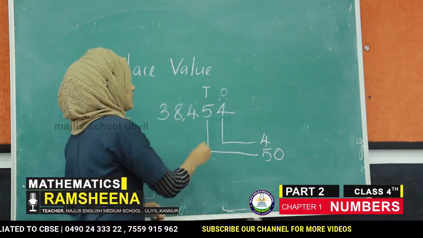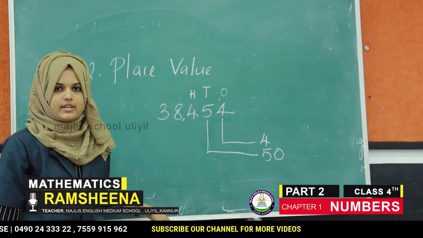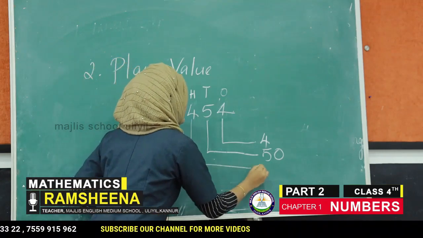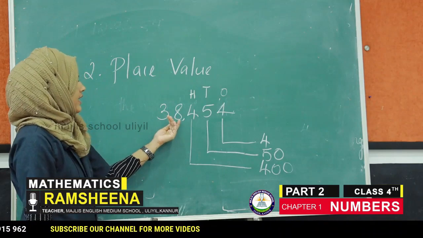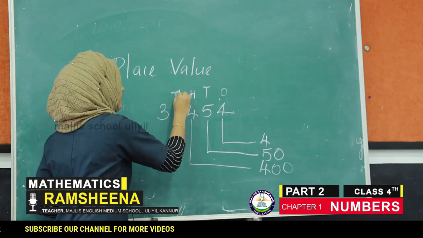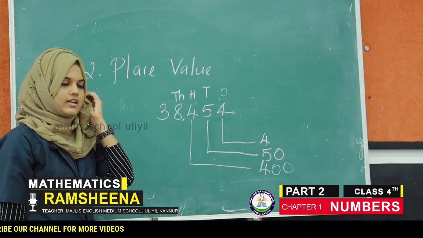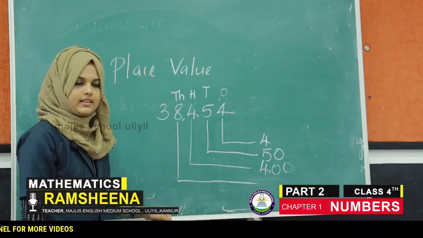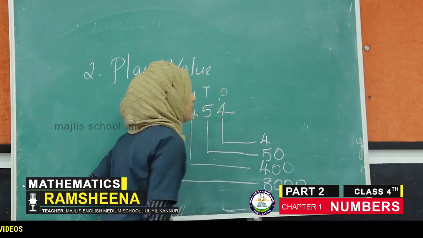Then next one, 4 stands in hundreds place. The value of 4 is 400. Okay. Then next 8. 8 stands in thousands place. So the value of 8 is 8,000.